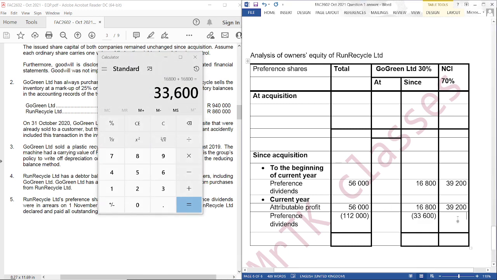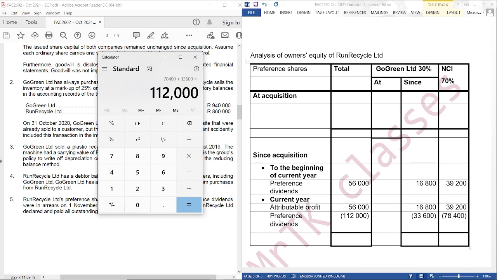Then here 39,200 plus 39,200, 78,400. Okay, let's check arithmetical accuracy. 78,400 plus 33,600, 112,000. Okay, right?